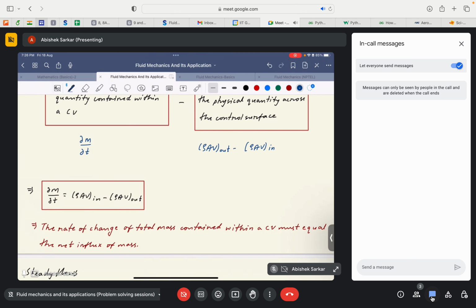When we go through today's session, we will see that most of the problems we are going to discuss, we take an assumption that the flow is inviscid. If the flow is inviscid, then the viscous effects are not considered, so the effect of viscosity will not be felt by the fluid.